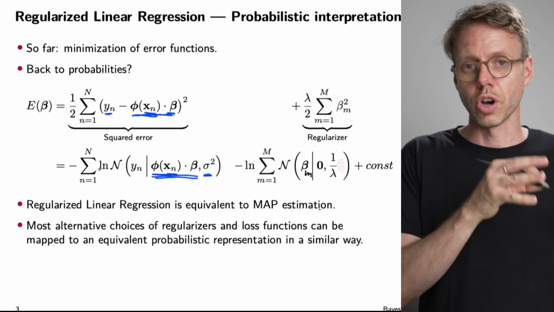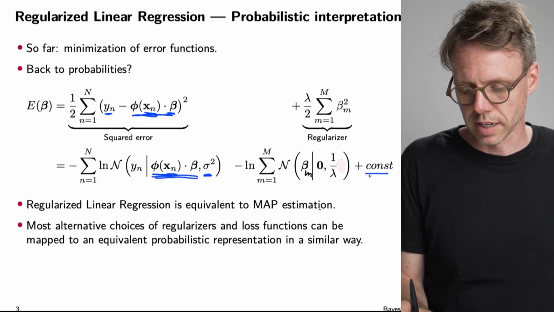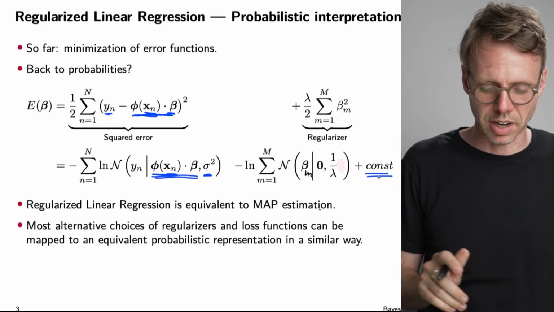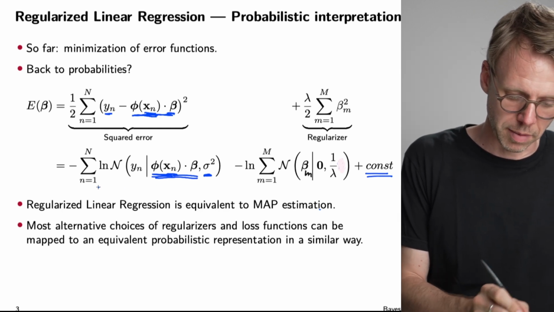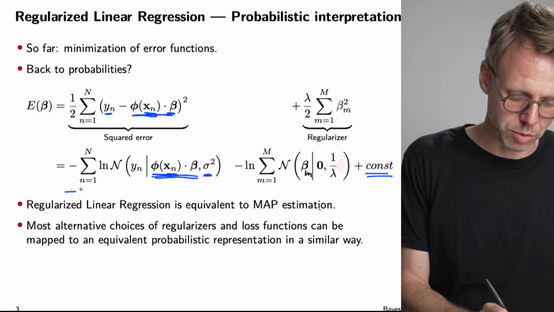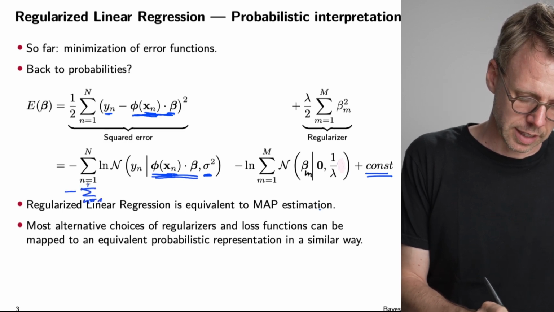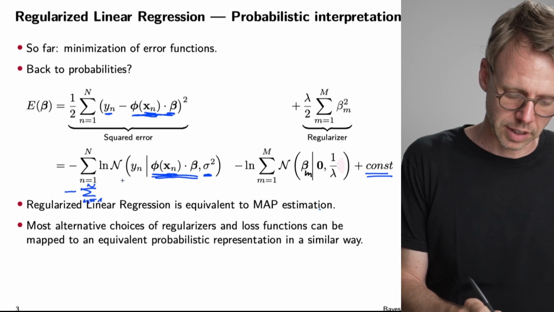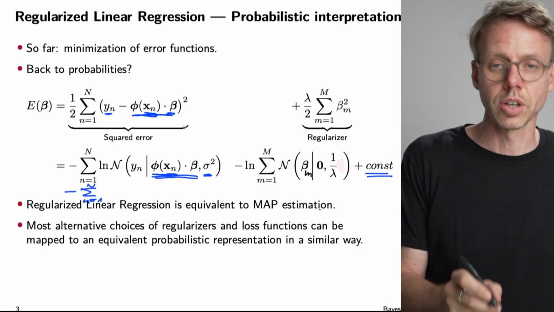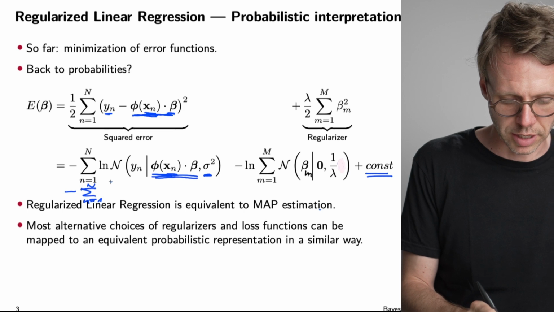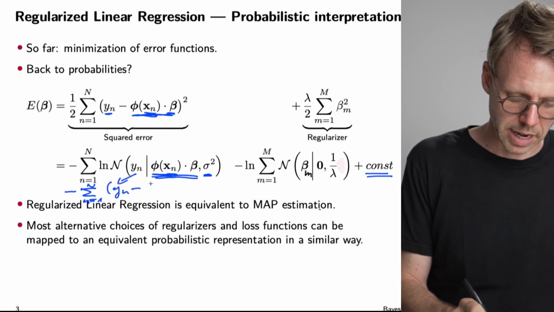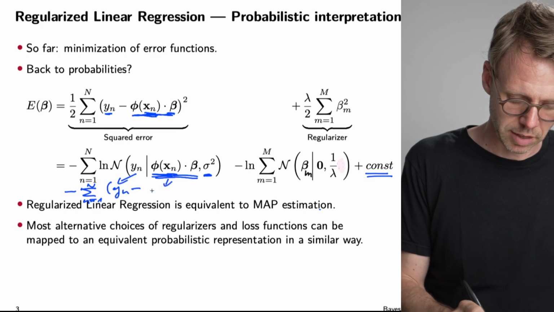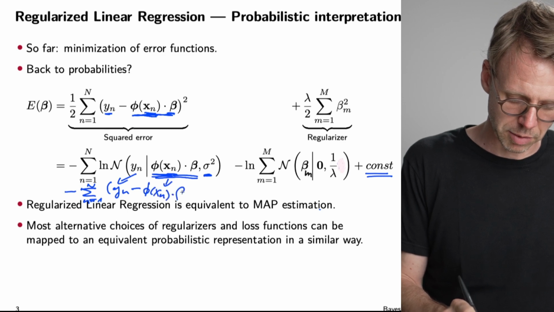The normalizing constant of this log normal is sort of moved into an additive constant, such that we're just dealing with the part in the exponent to give us exactly what we have here. So if you take the log of the exponential function, you get exactly the yn minus the corresponding mean, which is phi of xn times the regression weights.